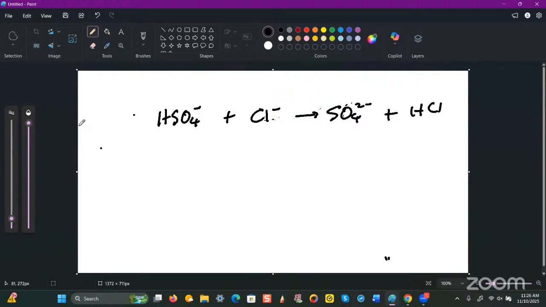I want you to tell me, on this side, which of the two on the left side is an acid and which is the base. Feel free to look at the example I gave you earlier. So which do you think is the acid and which is the base?